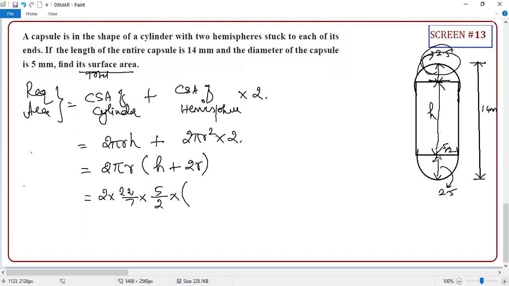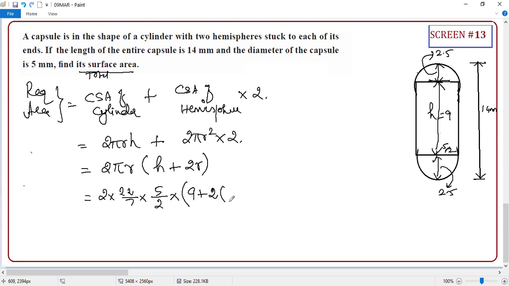So total is 5. Correct or not? So total is 14. If you remove 5, then remaining is h, 9. Okay. Why did you say 11.5? Because you removed only this 2.5. What about this height? Sri Vaishnavi, are you clear now?